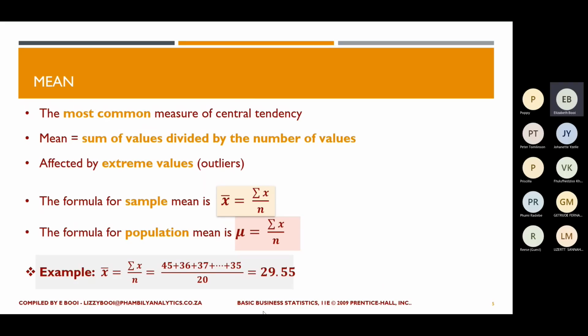So to calculate the sample statistic, which is the sample mean, we use X bar. Always remember, for the sample statistic, or anything that deals with the sample, we use letters of the alphabet.